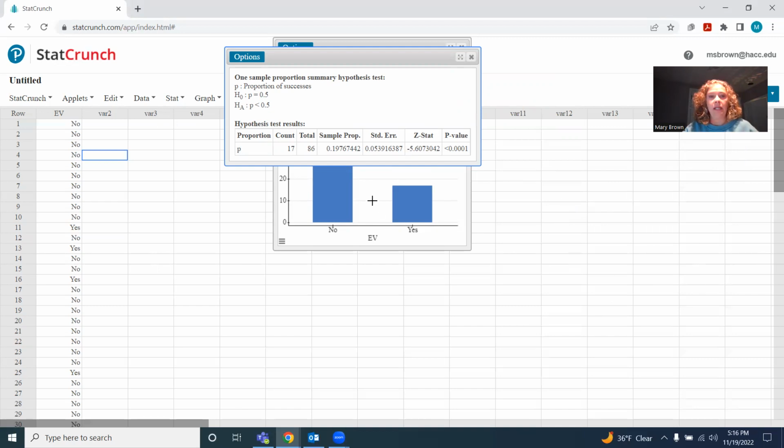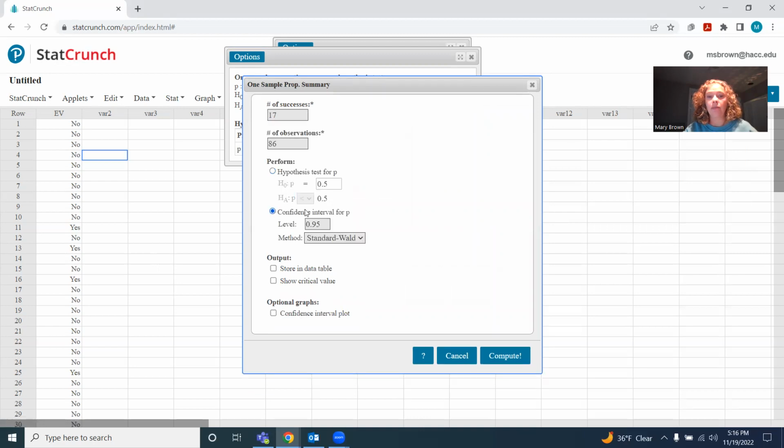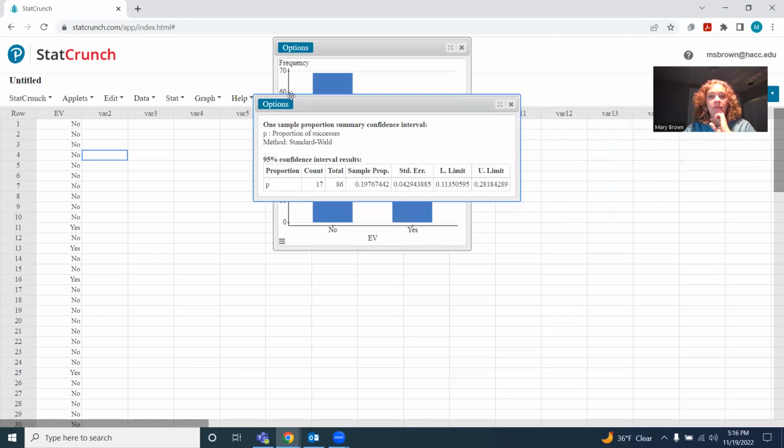Next, we're going to construct a confidence interval. Actually, I can do that from the same page. I can just go back here and edit, and notice that you have the option to turn on a confidence interval for the proportion as well. I believe I asked you to do a 95% confidence interval, so we don't have to change anything there. We'll go ahead and compute.